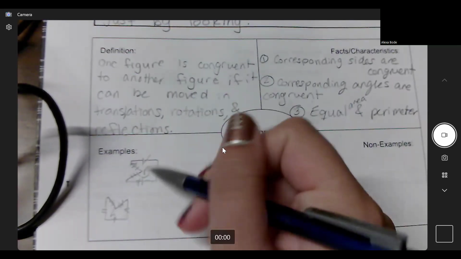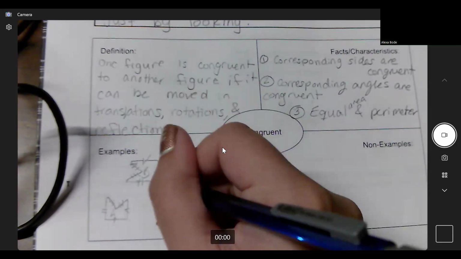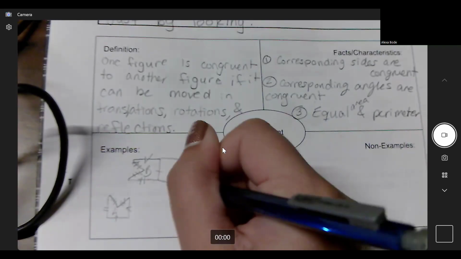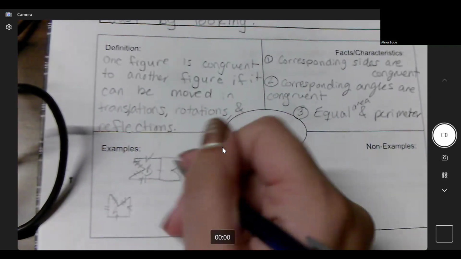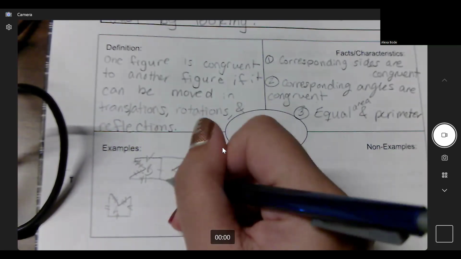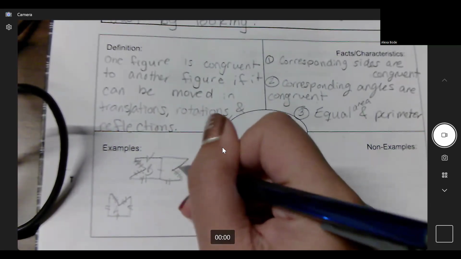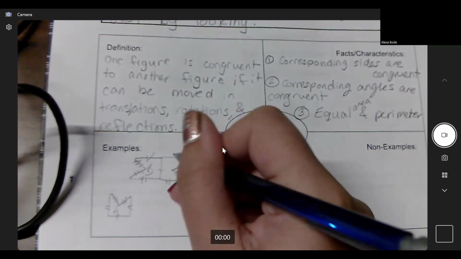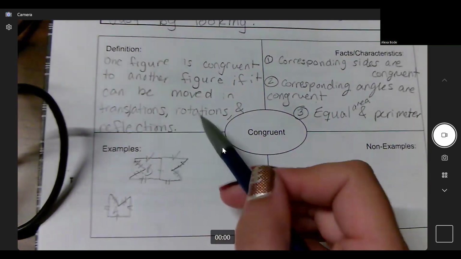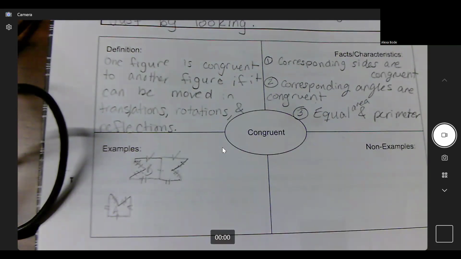Because I rotated it, I could then also reflect it. Again, pretend like all my sides are the same measurements. This one, this one, this one, this one, and this one would be congruent because all I did was change these transformations to the shape.